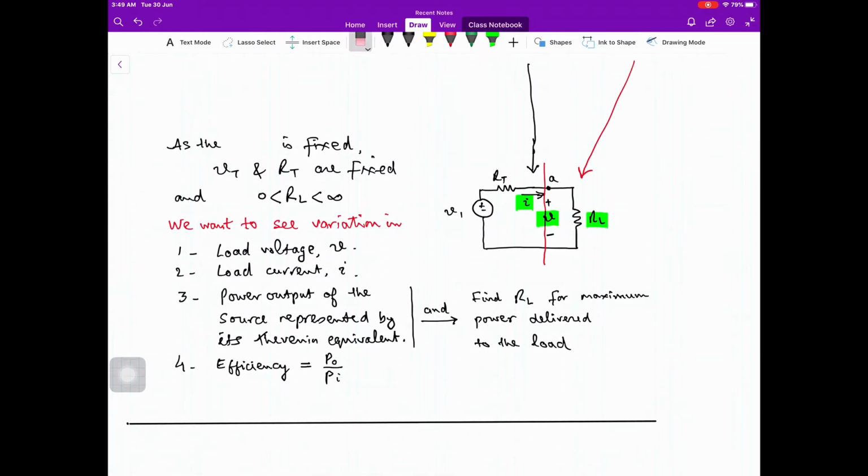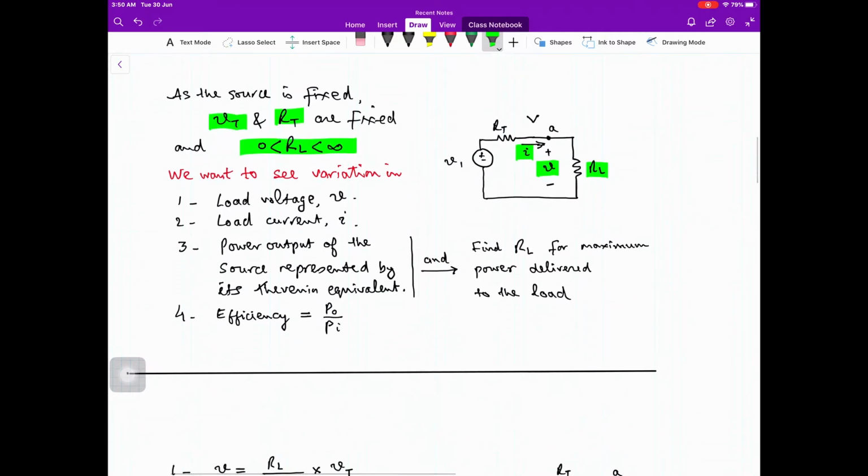Now, as the source is fixed, Vt and Rt are fixed. We can vary only RL. And due to variation in RL, we want to see variation in load voltage, variation in load current, and variation in power output.